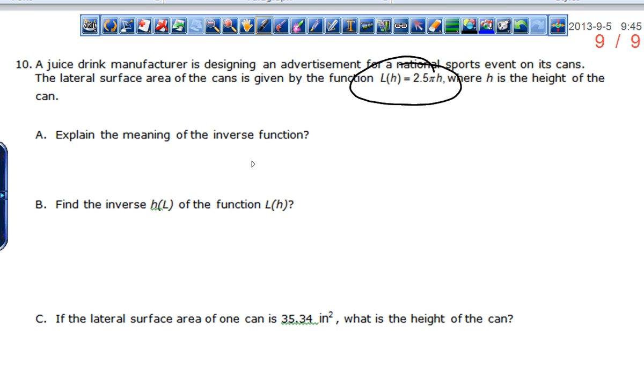If I were to reverse it, what would that mean? Yeah, height depends on surface area. Height depends on surface area. Yeah, surface area. That's it.